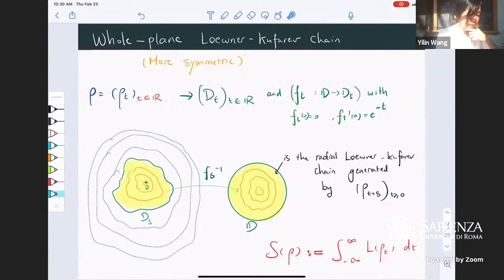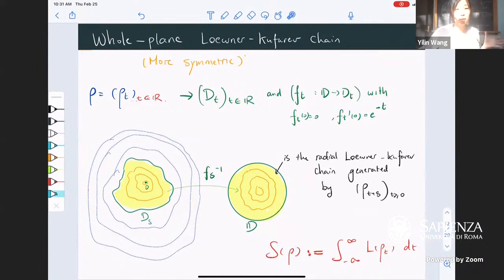And how to define it is that if I just stop at a certain time s, this is a family such that if I map this inside towards the unit disk, then all the other curves that are inside, these are the boundaries of the D_t's, and they will be given by this Loewner-Kufarev chain generated by the measure starting from time s. So if you don't like it, you can also think just in the case of the disk, but complete your picture by concentric circles outside.